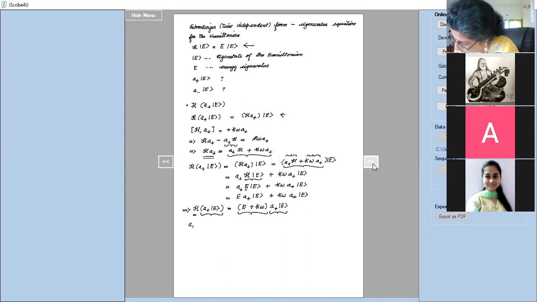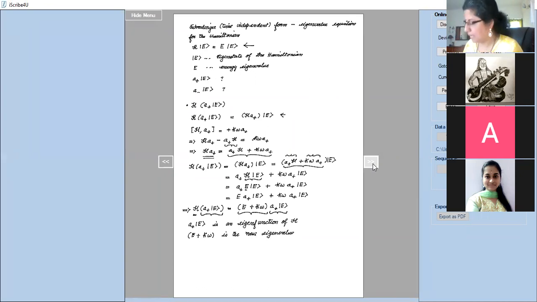It tells us that A plus E is an eigenfunction of H. Everybody agrees with me? It's still an eigenfunction of H, and E plus H cross omega is the eigenvalue.